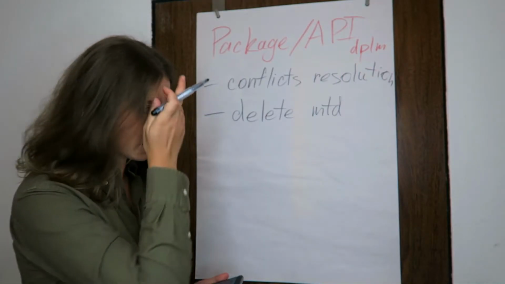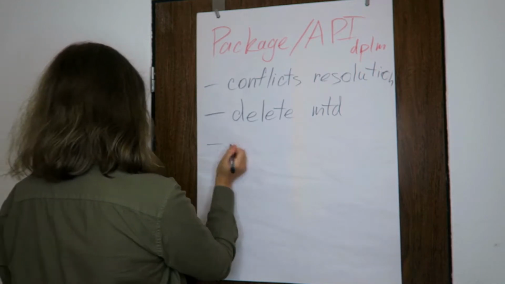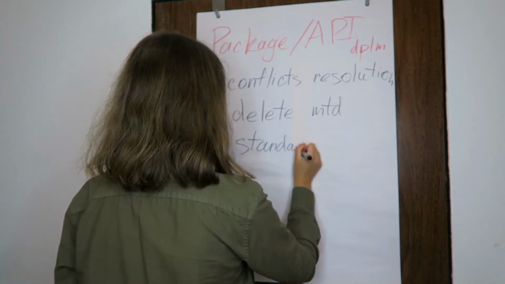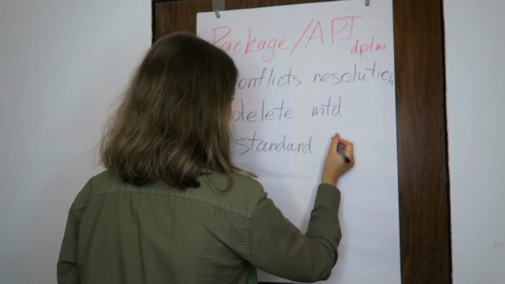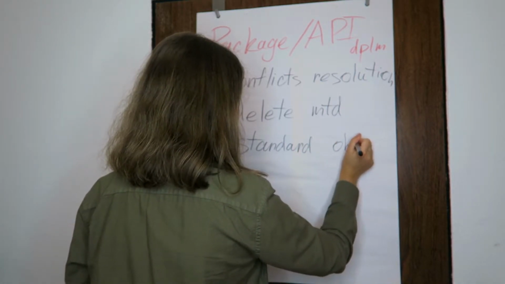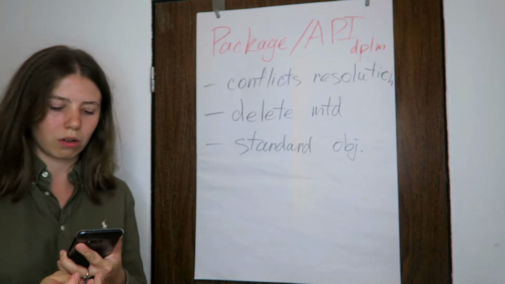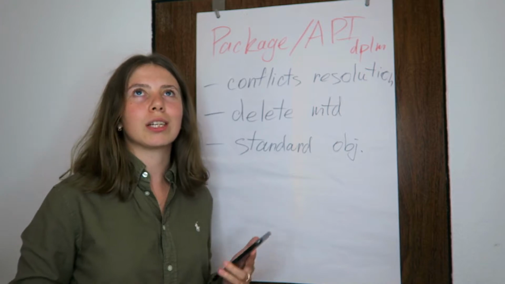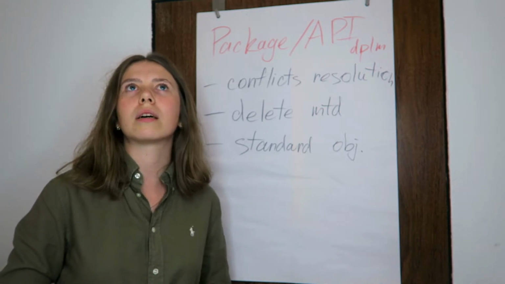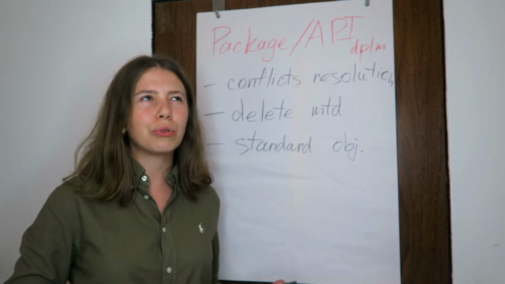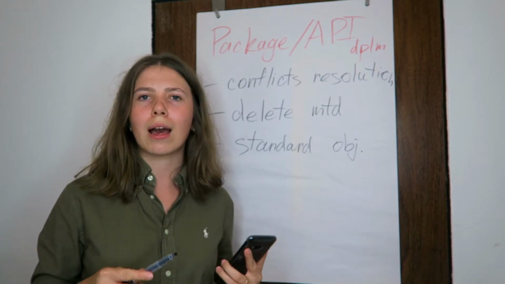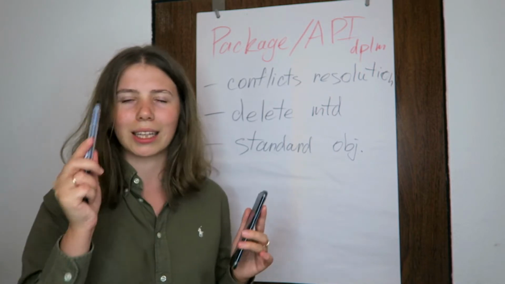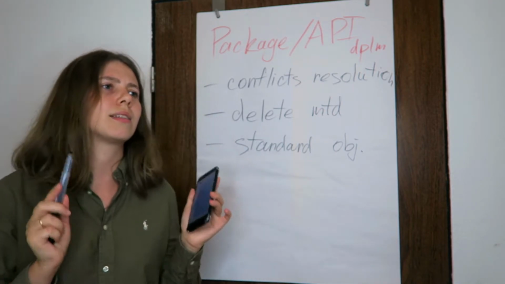Then there is another use case, like working with some standard objects and metadata. When you are adjusting, for example, standard objects like opportunity or lead, you do have a status field, so opportunity stage and lead status, something like that, or any standard picklist.